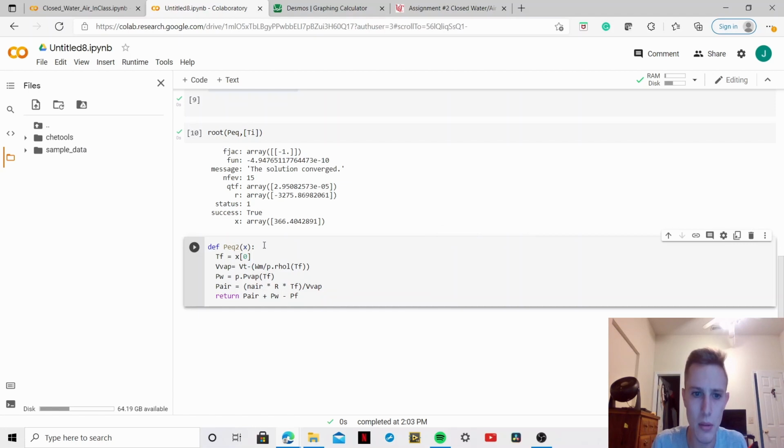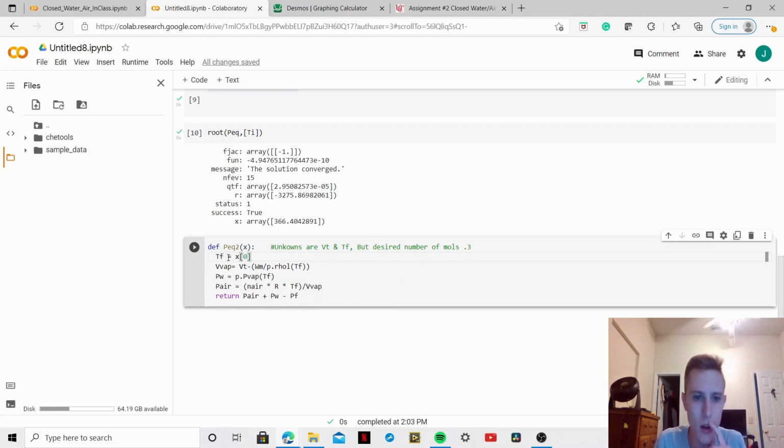This is where we do not know the unknowns: the total volume, V total, and we do not know the final temperature. But we do know the desired number of moles. It's 0.3.